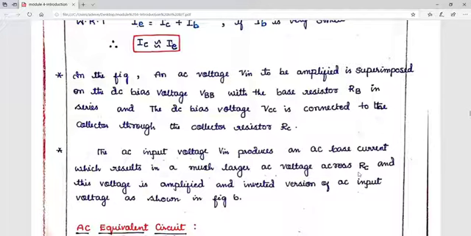When that IC flows across the RC resistance, it gives out an amplified voltage that is the inverted version of the input voltage. That is how you can use this device as an amplifier.